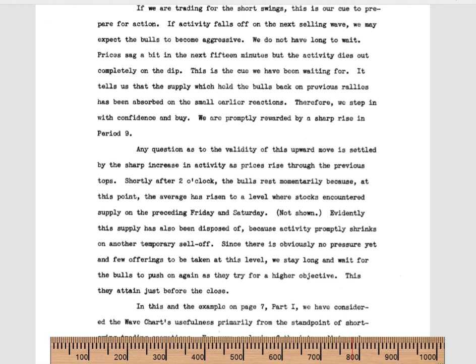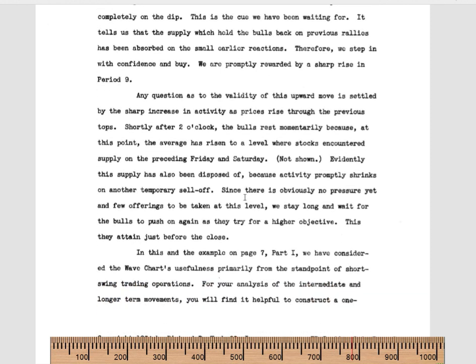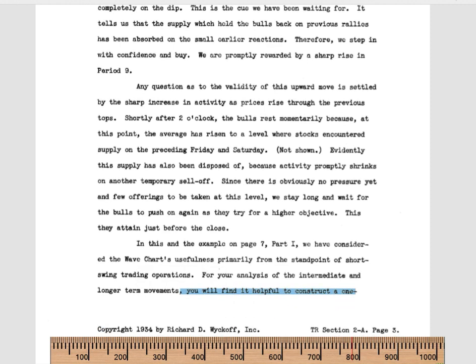Anyway, consider, alright, in this, an example on page 7, part 1, we may have considered the wave chart's usefulness primarily from the standpoint of short swings. For your analysis of the intermediate and longer term movements, you will find it helpful to construct a 1-point figure chart from the tape reading.